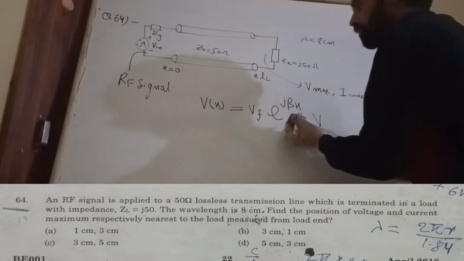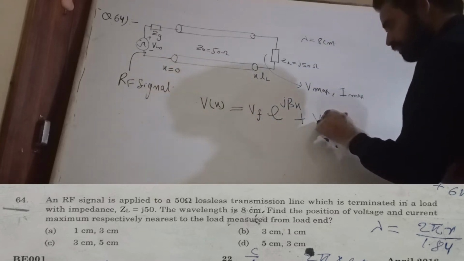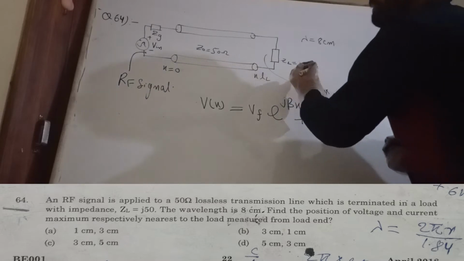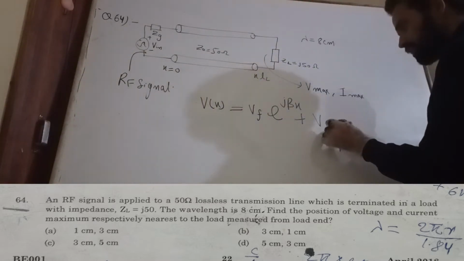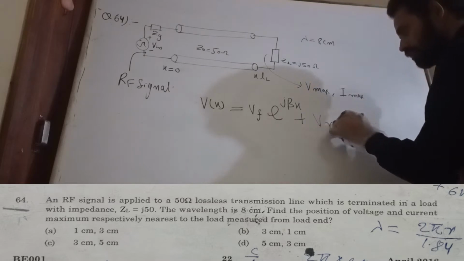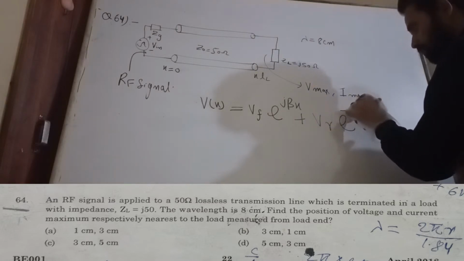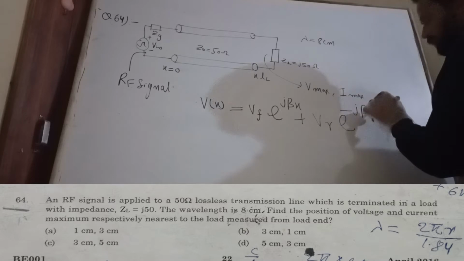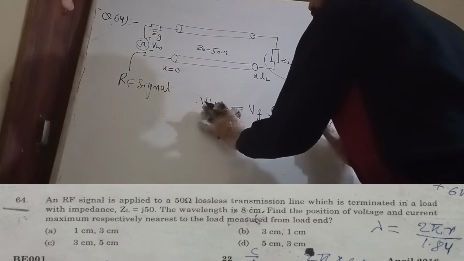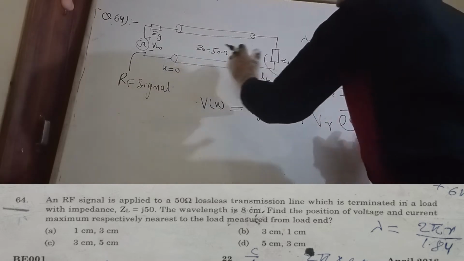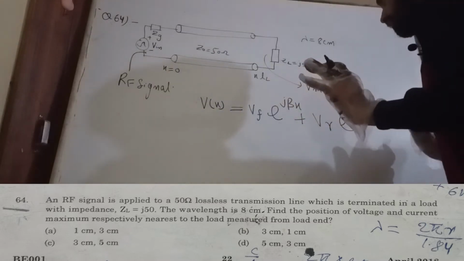There is also a reflected wave, which gets reflected from the load toward the source. This is Vr times e to the power minus j beta x. This is the RF signal voltage traveling through the transmission line.